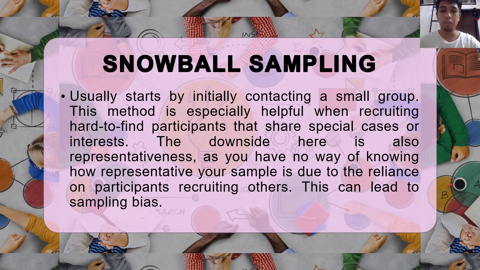So this is possible since collectors have a strong connection with other collectors. But the downside here is also representativeness, as you have no way of knowing how representative your sample is due to the reliance on participants recruiting others. This can also lead to sampling bias.